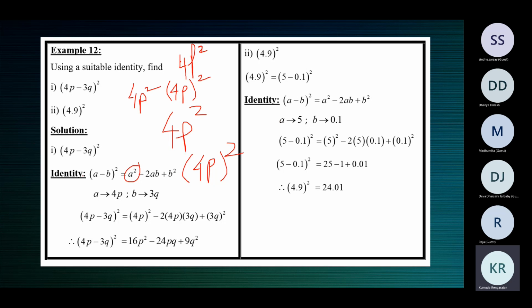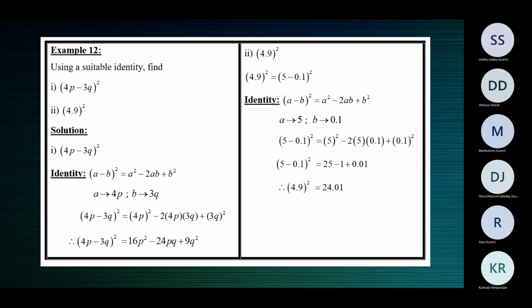I'll repeat that. Why we use a bracket for A square and B square. See children, this is A square. Now you will wonder there is no bracket here. Why is she putting a bracket here? I'm explaining that. A is only one letter or one variable. There's only one thing here, so you don't have to put a bracket and say A square like this. This is the same as A square. But what is understood from this A square?